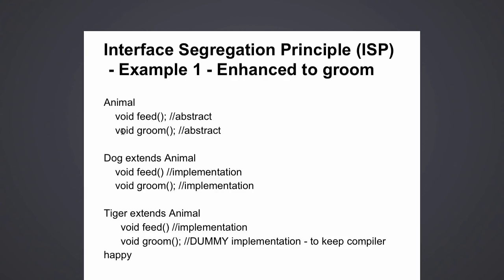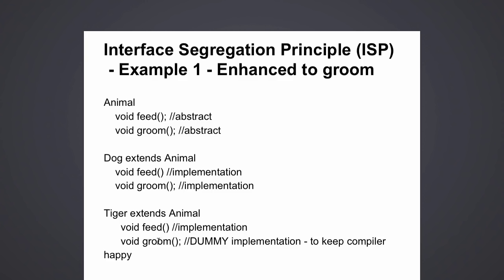But just to reuse the existing functionality, what we did was add the void groom method, and dog extends animal and void groom. I mean, you groom a dog, but tiger, do you really want to groom? That's basically a dummy implementation just to keep the compiler happy, because tiger also extends animal, and if you don't implement the groom, then the compiler would start complaining. So you give a dummy implementation.